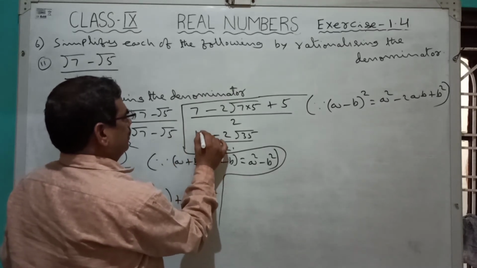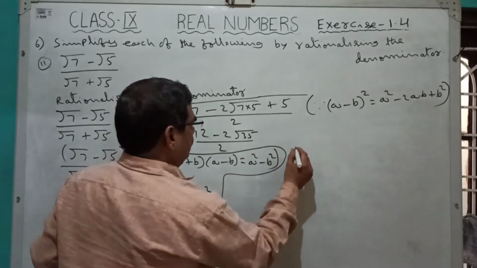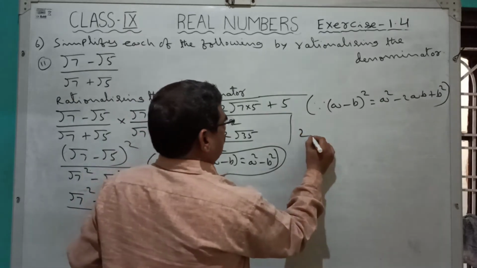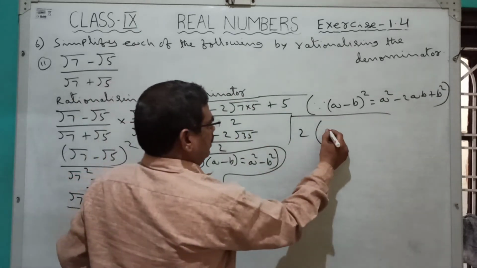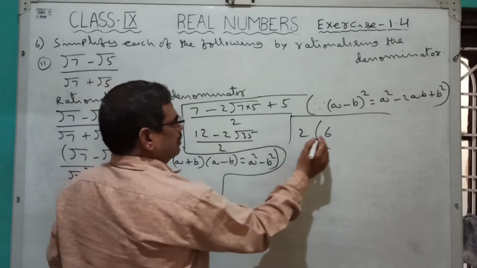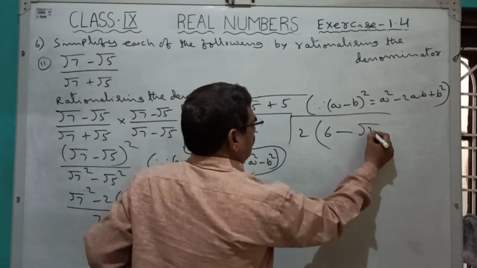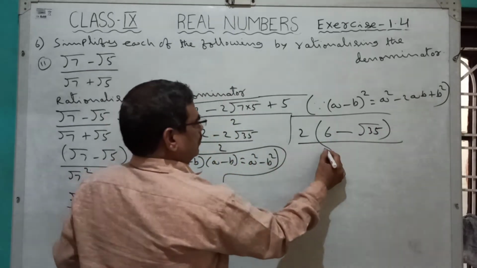So here 12, here 2. Here I am taking 2 outside. So 12 is there, means minus this 2 is coming outside in root 35 divided by 2.